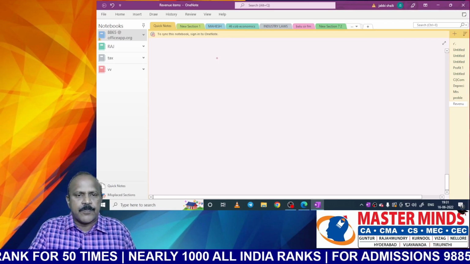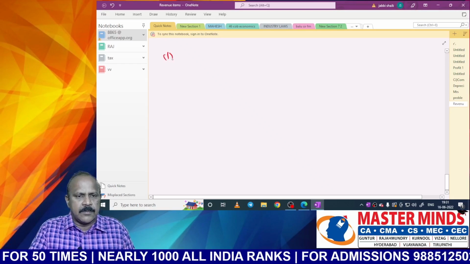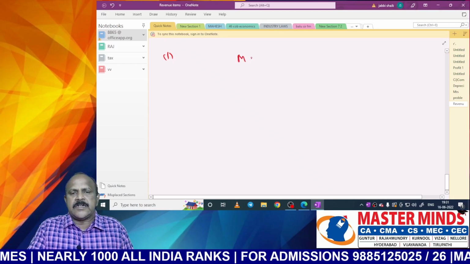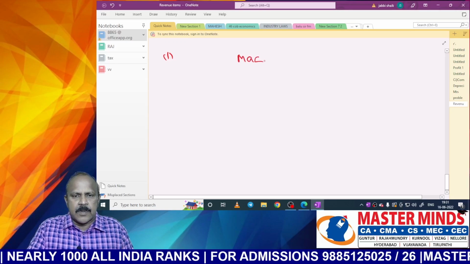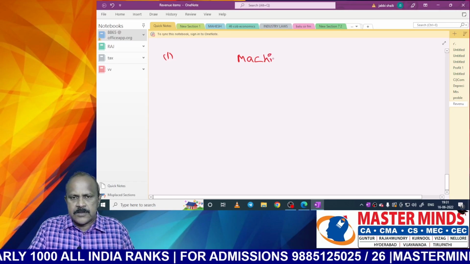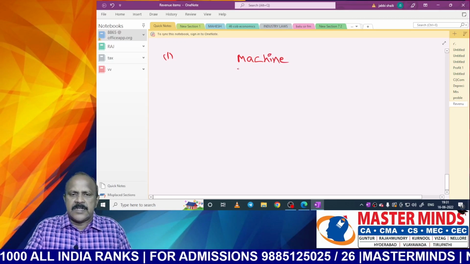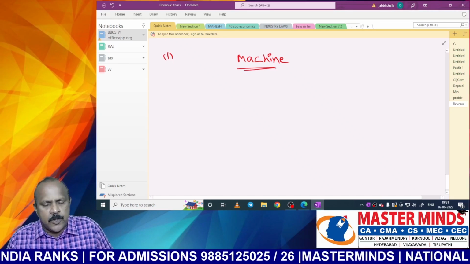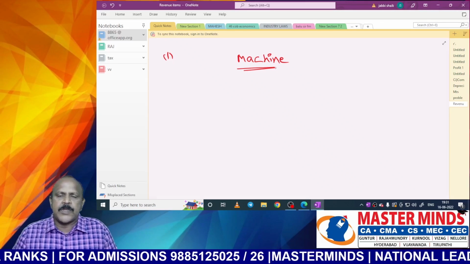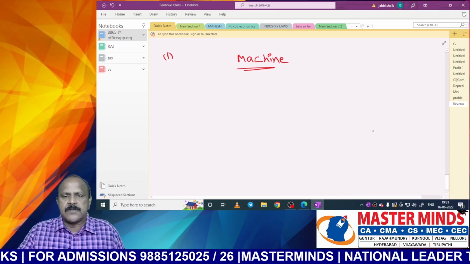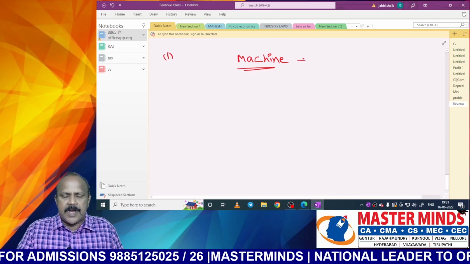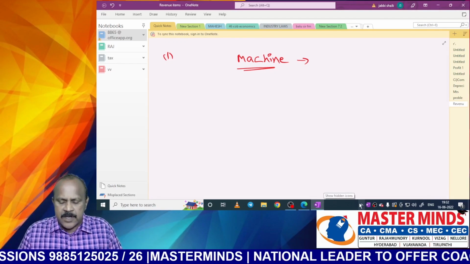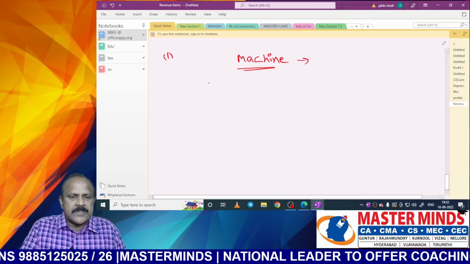Students, one more example here. Let us suppose that there is a machine in our organization which has been under usage for a long time, say for a period of 5 years, and it is obvious that it goes under repair.